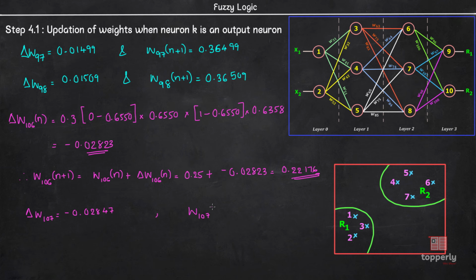W107 of n plus 1 is equal to 0.42152, and delta W108 of n is equal to minus 0.02865, and W108 of n plus 1 is equal to 0.27134. So we have updated all the weights between layer 2 and layer 3. Next, we have to update the weights between layer 1 and layer 2.